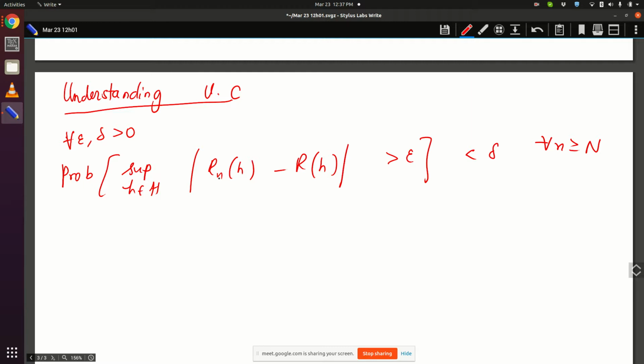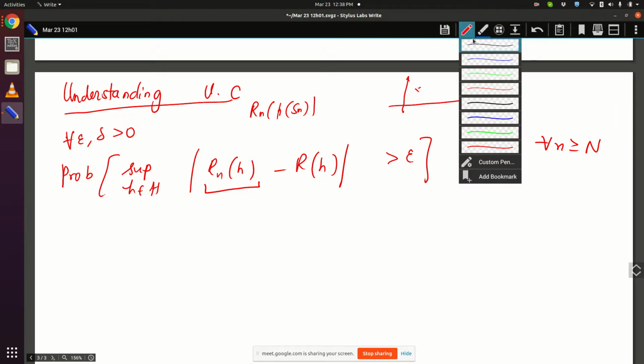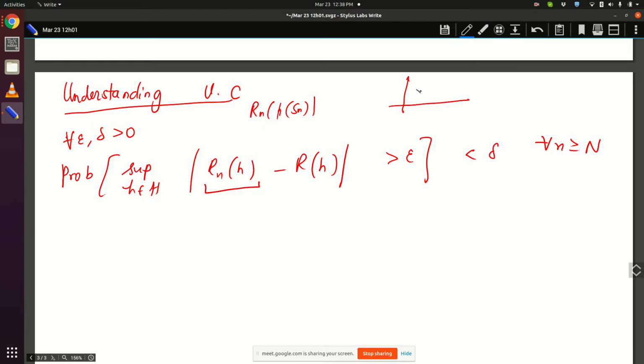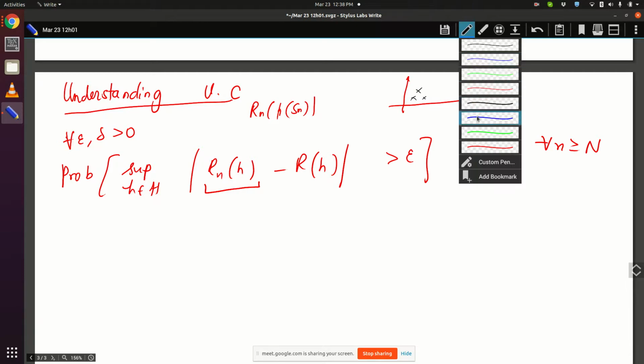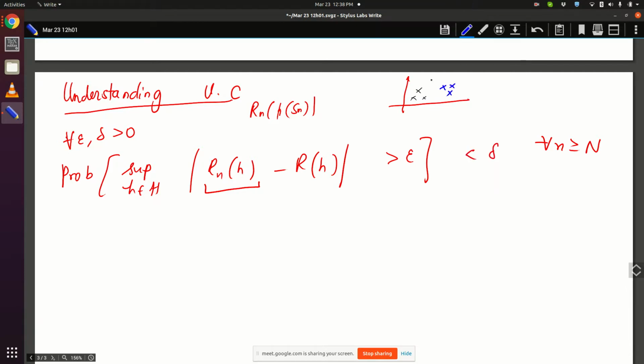Yes. So depending upon what n I am taking, this is where the randomness comes in. Because R_n(h) depends upon what sample is given to us, right? So how does it perform for the particular sample that has been given? That defines R_n. For example, if I have a learning algorithm, let me try to explain this. Suppose you have these 3 points, and these are your positive samples, and you have a hyperplane like this.